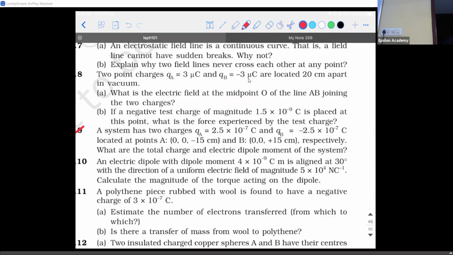So what is the total charge? What is the total charge of the system, guys? 0, sir. It is 0.